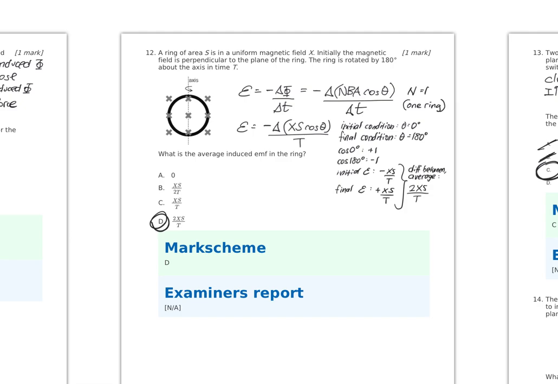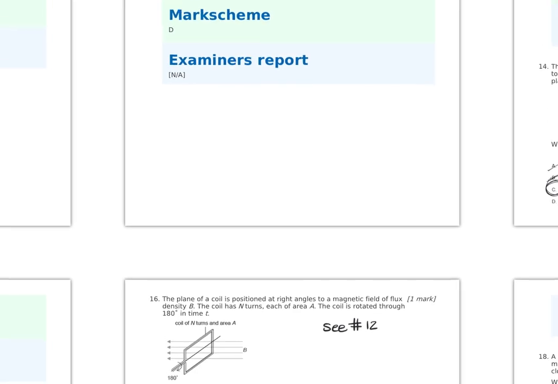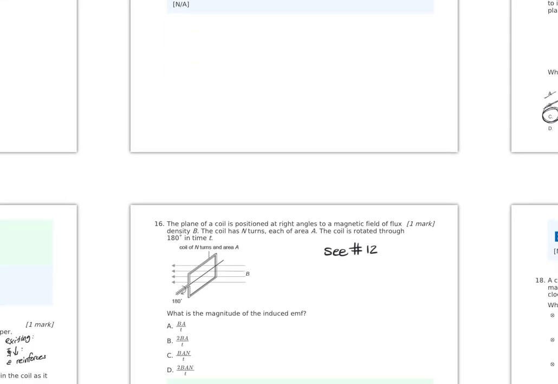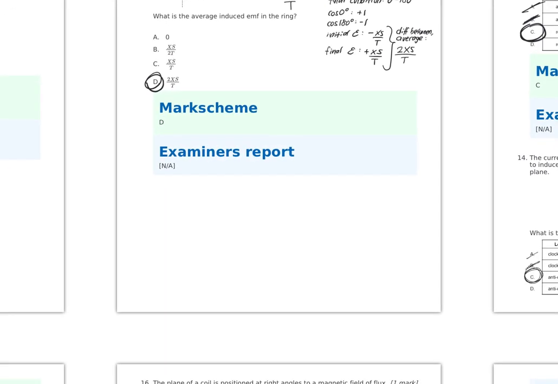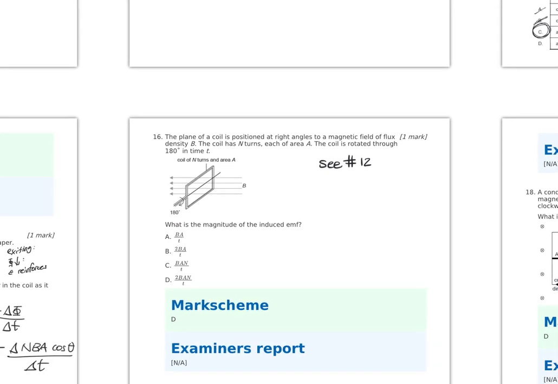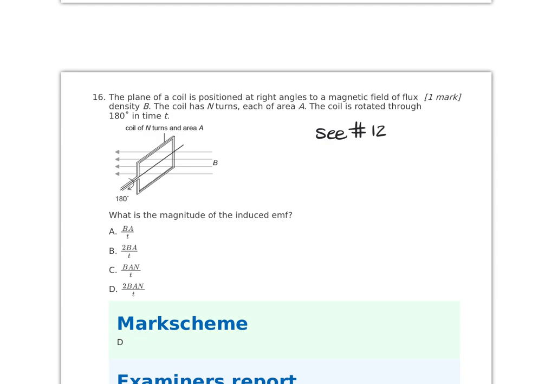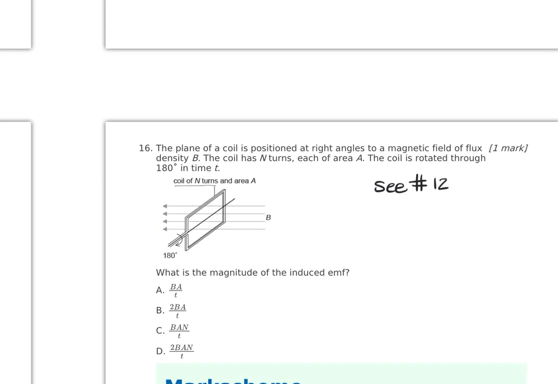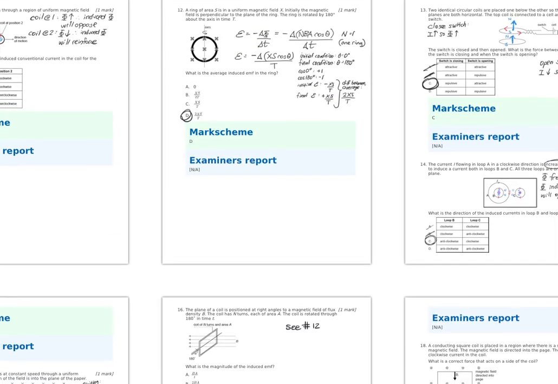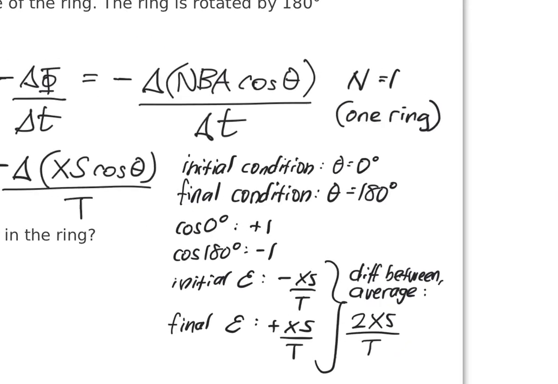The picture is different for number 12 and for number 16, but if you imagine number 16, the magnetic field is going into the coil, and the same is true for number 12. So it's very similar. The only difference in 16 is that it has a coil of n turns, and number 12 is just a single ring. So that would be a coil of one turn, like n equals 1.